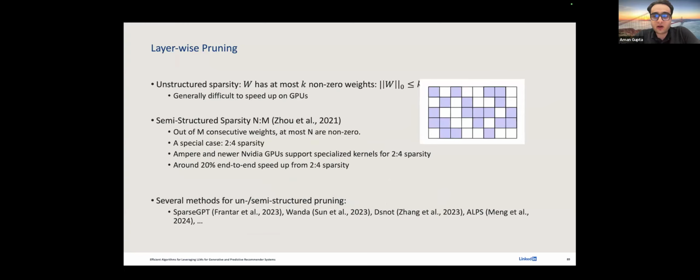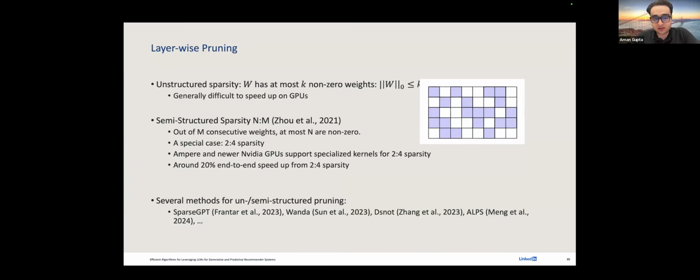So first, let's start with unstructured sparsity. Basically, we want most of the weights to be equal to 0. For example, we can say that the total number of non-zero coordinates in W is going to be at most k. Unfortunately, it's very difficult to accelerate unstructured sparsity on GPUs.